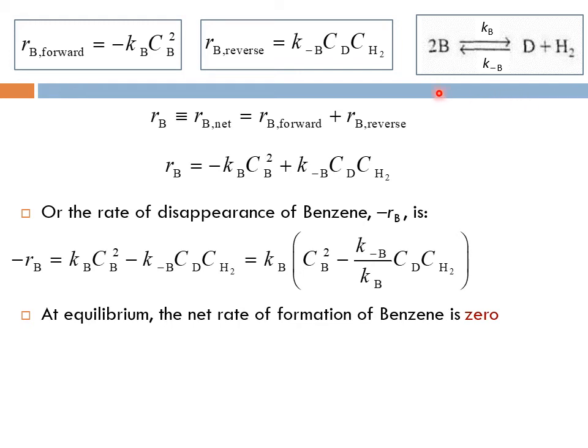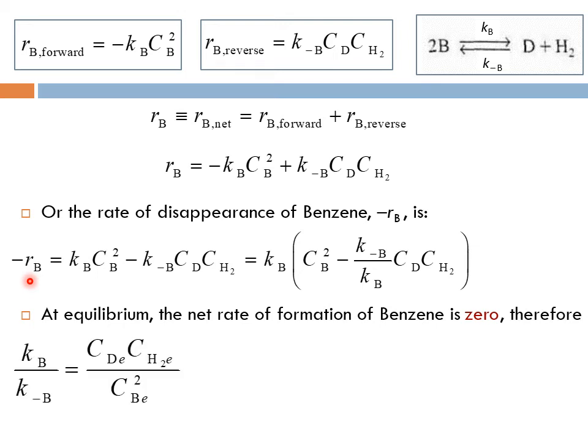So in net, you are not consuming any B. In other words, you are consuming B through the forward reaction at the same rate that you are producing B through the reverse reaction. Therefore, the net rate of formation of benzene is 0, or you want to say the net rate of disappearance of benzene is also 0.